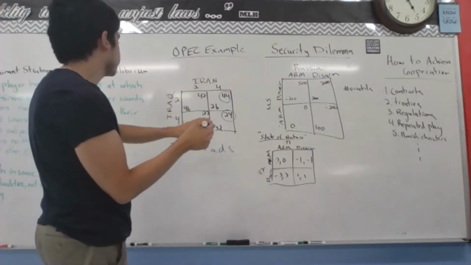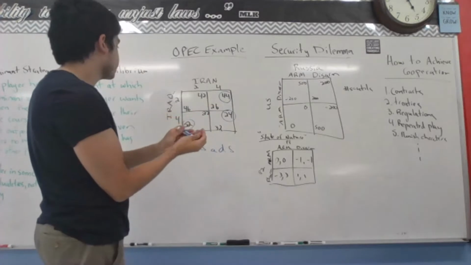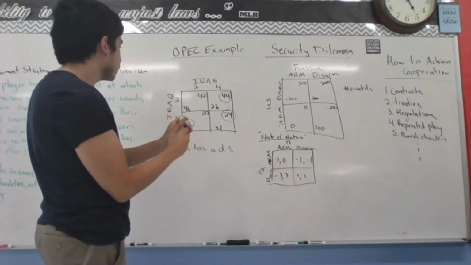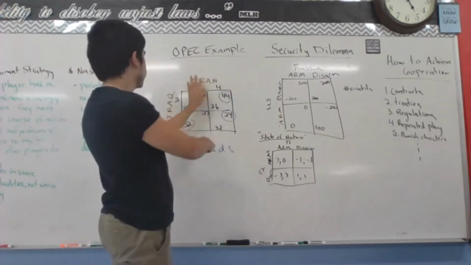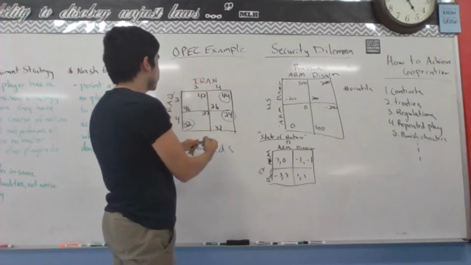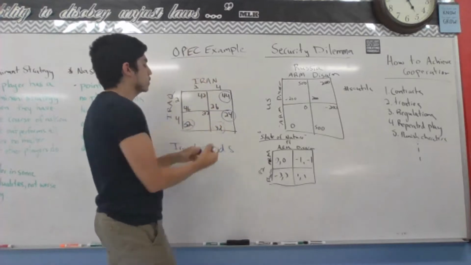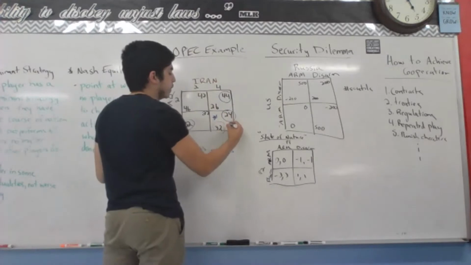So let's cover this strategy profile. What is going to be the biggest payoff for Iraq? It's going to be to produce 4 million barrels. 32 is greater than 26. And we see we have a Nash equilibrium.